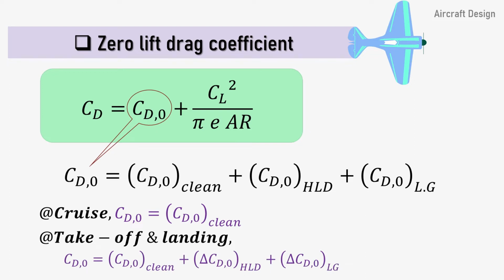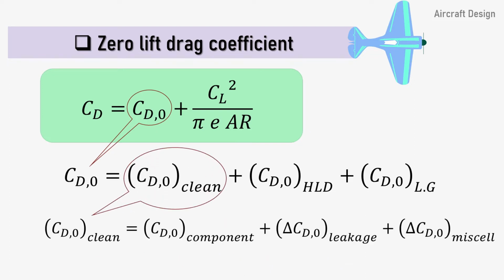Now, what is CD naught clean? It is the aircraft component drag excluding the high lifting device and the landing gear (in case of retractable), plus the leakage or perturbation drag plus the miscellaneous drag.